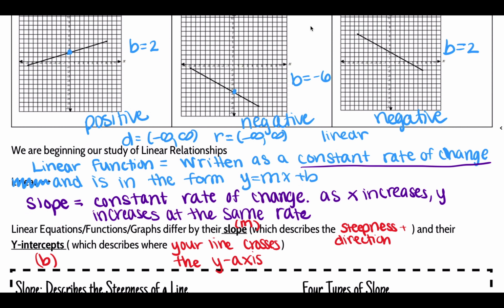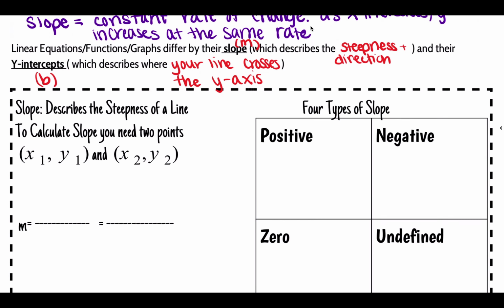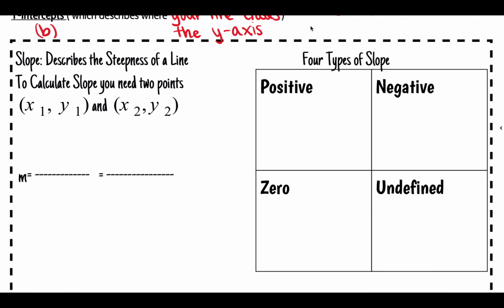Okay, pause the video if you're not done writing. If you're done writing, we're going to keep going. So, to calculate slope, you need just 2 points. So m is your slope, and m represents your rise over your run. So rise is your y value, so y2 minus y1 over x2 minus x1.